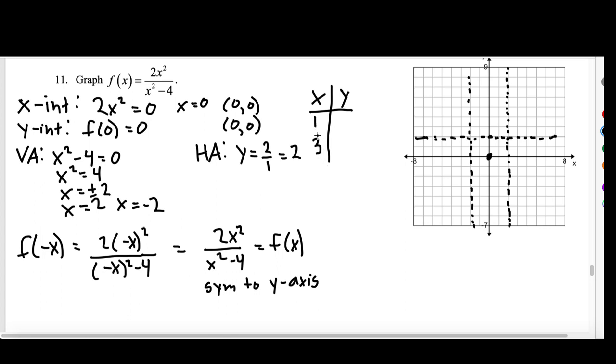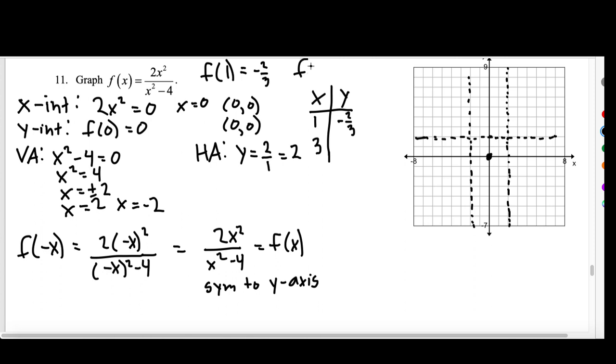Both of these x values I'll want to plug into this function, right? I want to evaluate f of 1, and if you work that out on your calculator, you would get negative 2/3, right? So negative 2/3 right there.